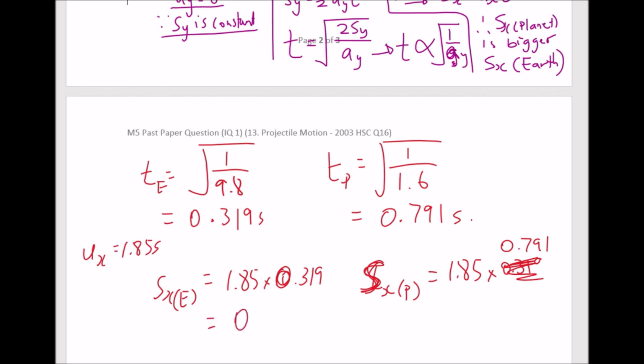So you have the displacement of 0.59 meters roughly, and then on this side 1.46 meters. So that's just more like the numerical way of doing it, and that's how you do the question.